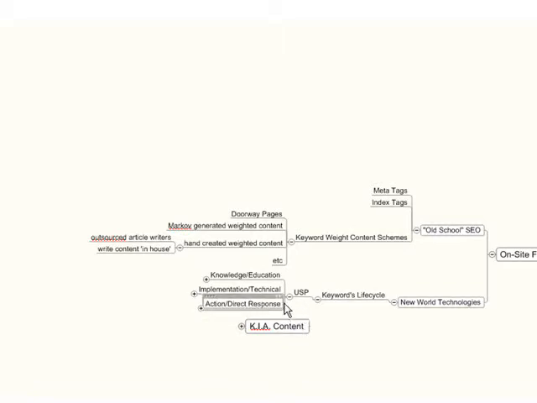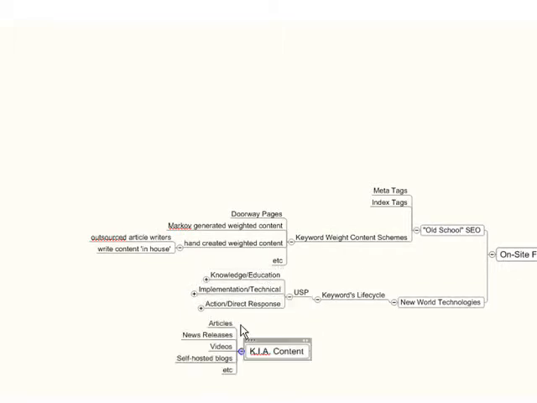And the thing to make this unique to yourself and make it unique from all other people who compete with you is to take into consideration your USP, or your unique selling proposition. Whatever it is that makes you unique, different, new from everyone else, you take that into consideration along with the keywords life cycle, and you generate keywords that fall within that.